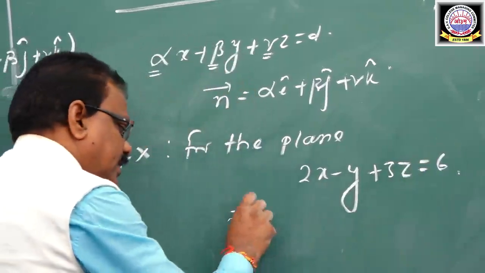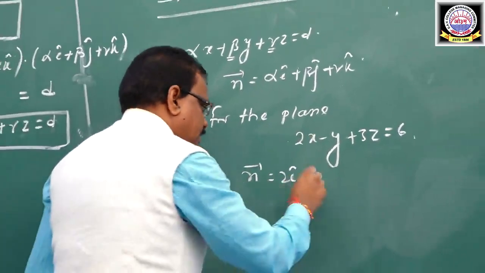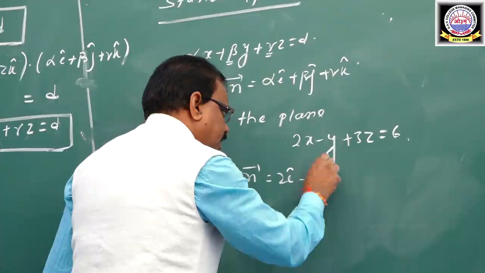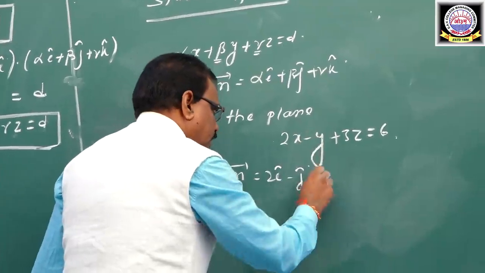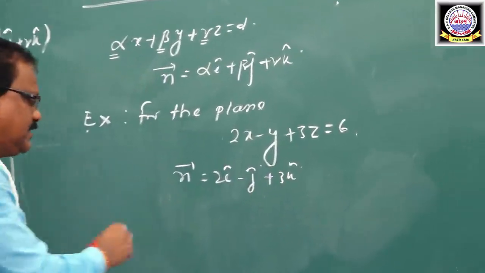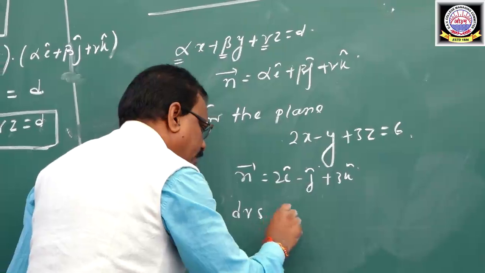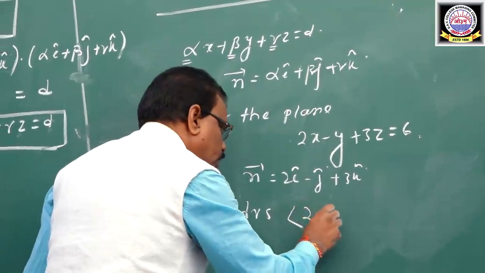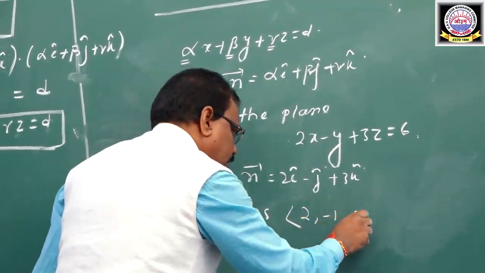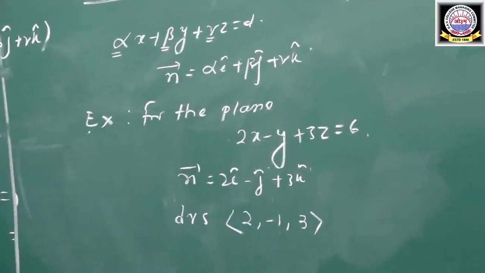The n vector is obviously 2i, coefficient of x, minus j, coefficient of y, plus 3k, and the DRs of the perpendicular vector are obviously 2, minus 1, 3. Understood?